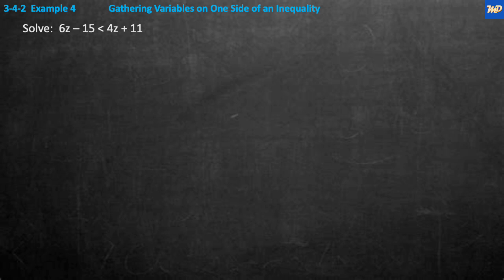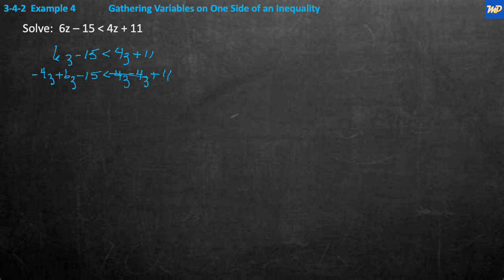So I'm going to write the equation out. 6z minus 15 is less than 4z plus 11. So let's start. We just move the variable term first. So we're going to subtract 4z from both sides. So 6z minus 15 minus 4z is less than 4z minus 4z plus 11.